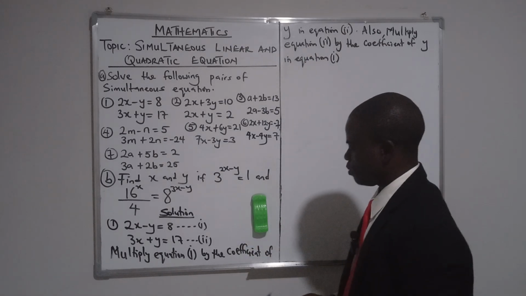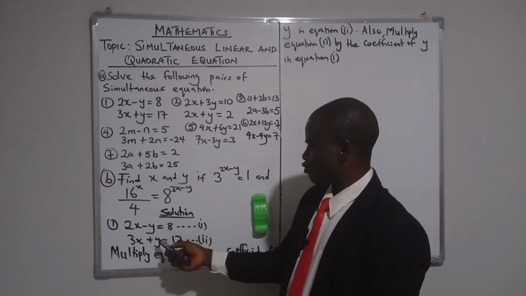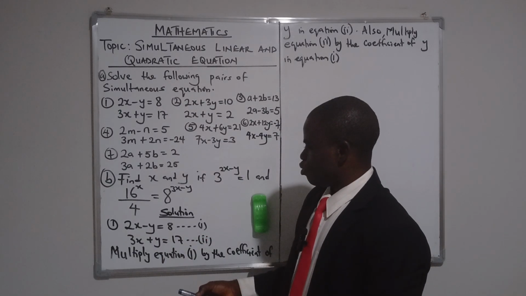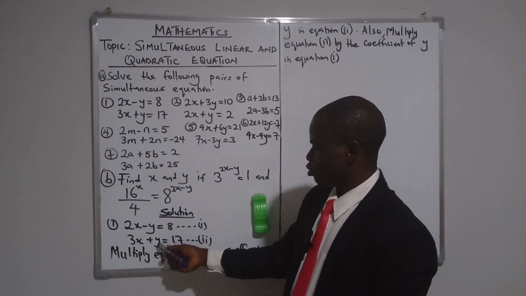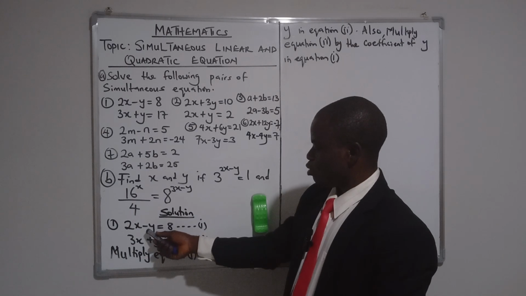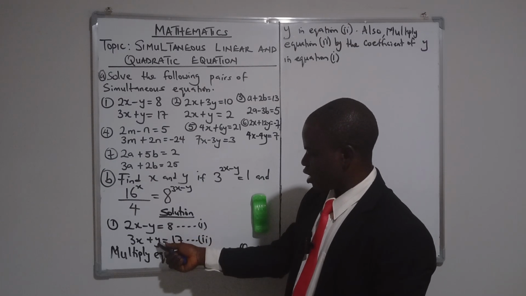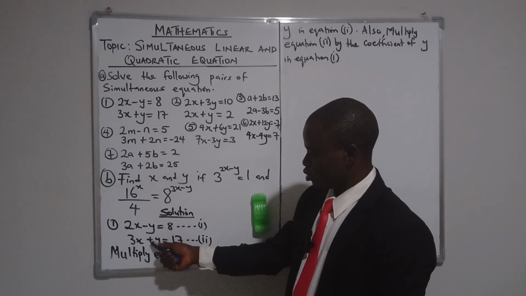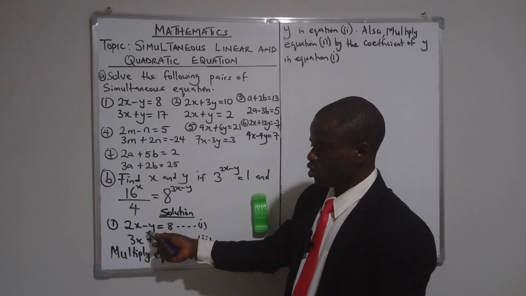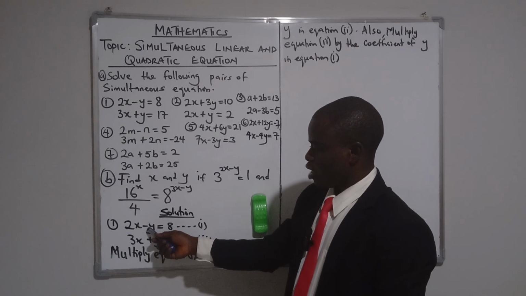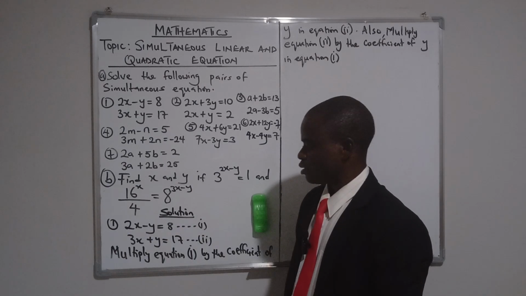When you look at it, the coefficient of y in equation 2 is +1, while the coefficient of y in equation 1 is -1.